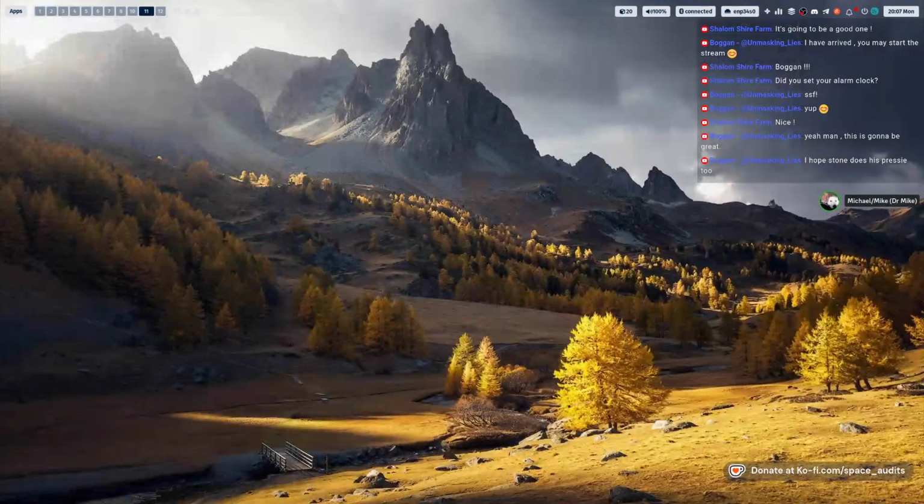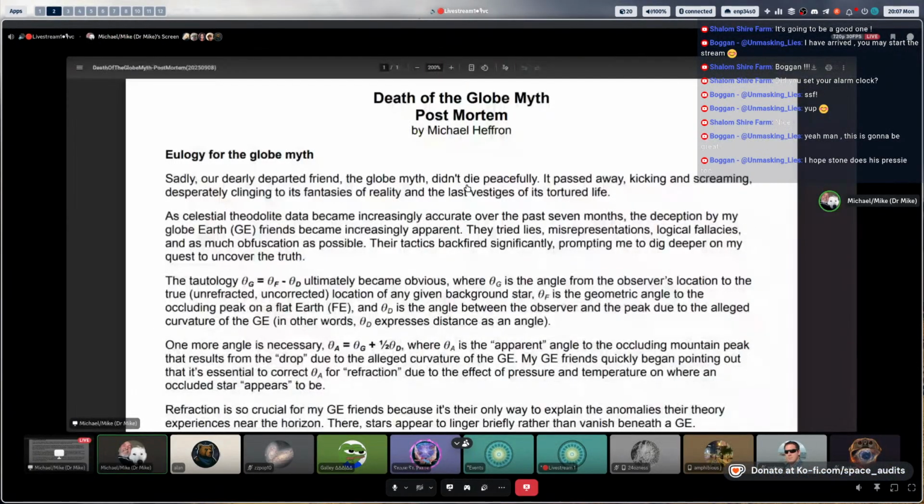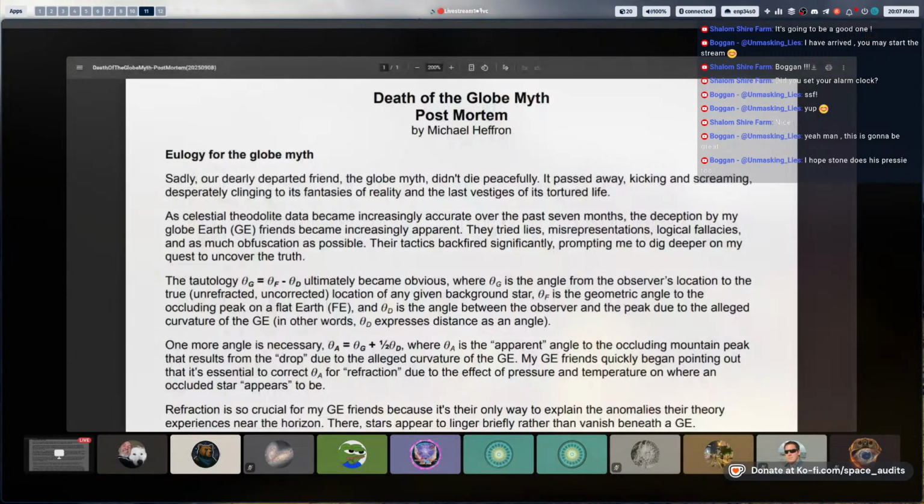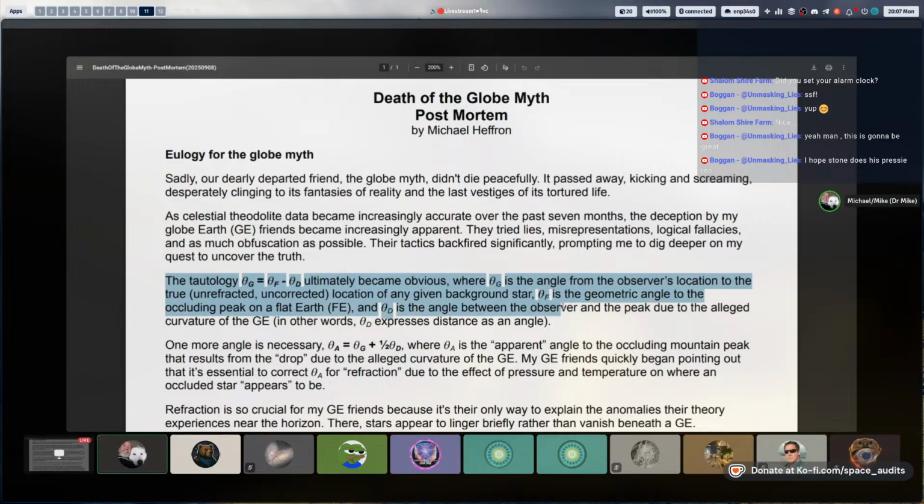I posted this to the live stream text, so anyone who's interested can find a hard copy of the PDF there. And basically, this summarizes our findings. And there's a new tautology here. This is a hard, fast rule that the globe angle equals the flat Earth angle minus the distance angle.